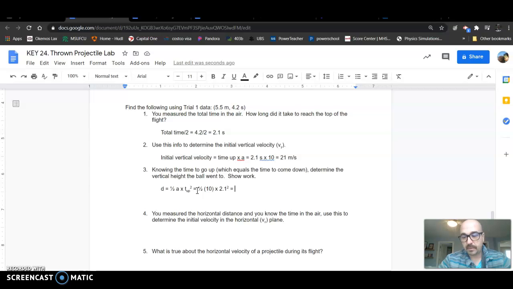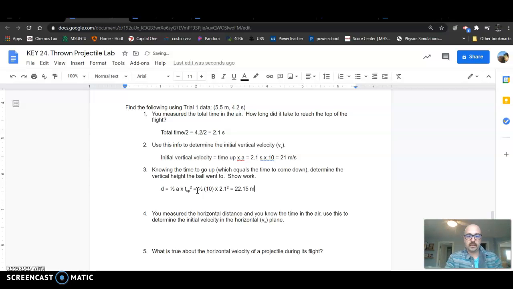And I multiply that by 2.1, so what's that going to be? 21 plus 1.05, so 22.15 meters.